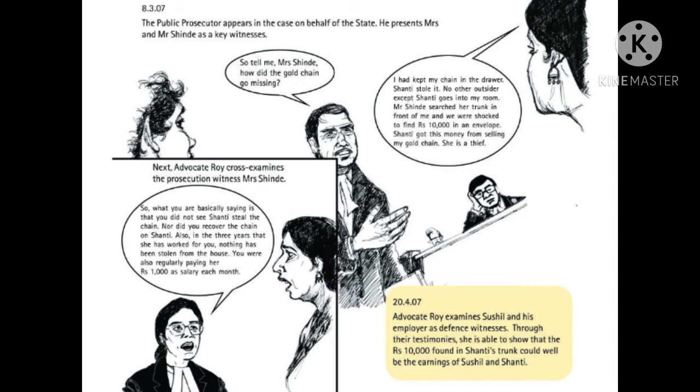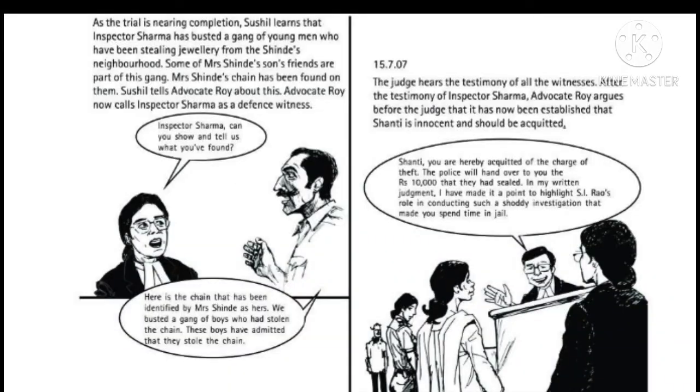How? As the trial is nearing completion, Sushil learns that Inspector Sharma has busted a gang of young men who have been stealing jewelry from the Shindes' neighborhood. Some of Mrs. Shinde's son's friends are part of this gang.